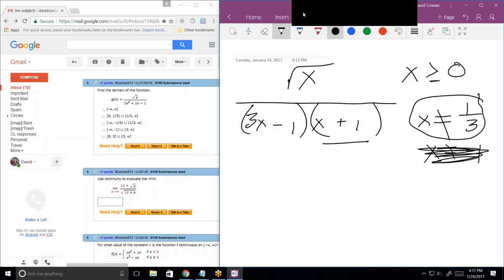So those are the restrictions on x. The question is, which answer is that? Is it B? Yeah, in other words, it can be 0 to 1/3, including 0. It cannot be 1/3, in combination with 1/3 to infinity, and it can be every one of those. So answer B is correct.